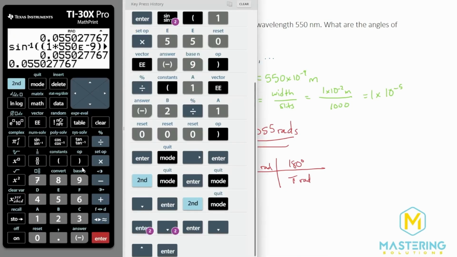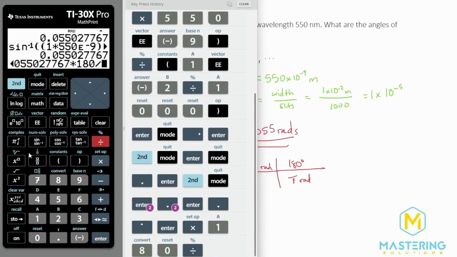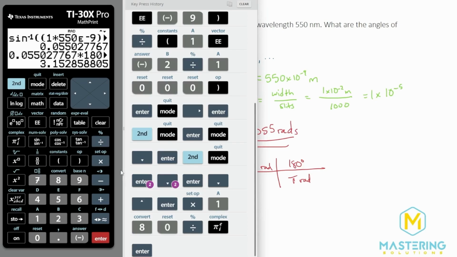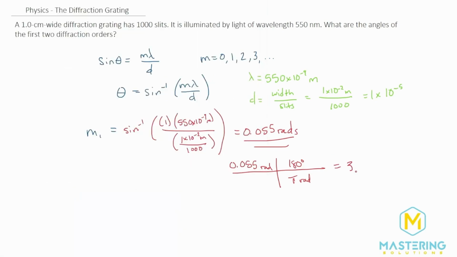So we have our answer times 180 divided by pi, and that gives us 3.15 degrees, which of course we already found. So 3.15 degrees is our answer for the angle of the first diffraction order.